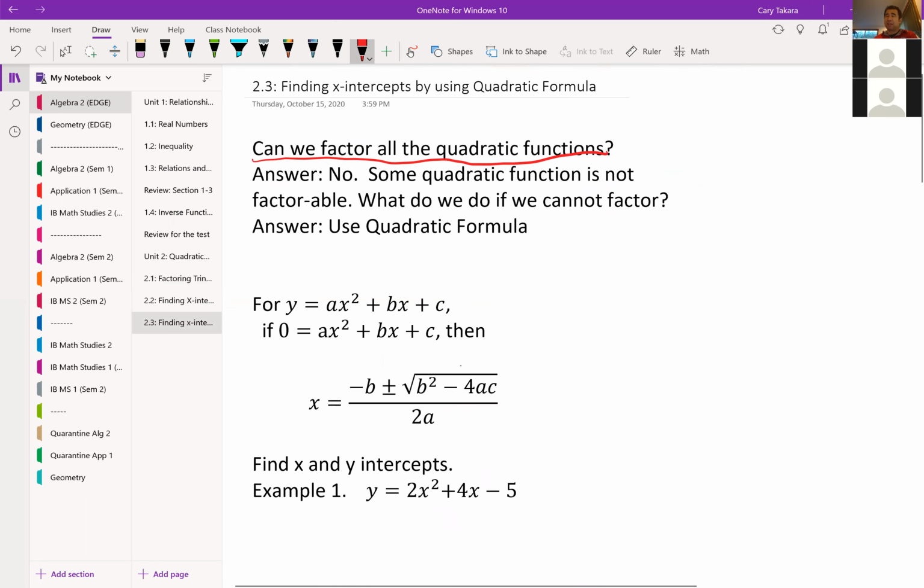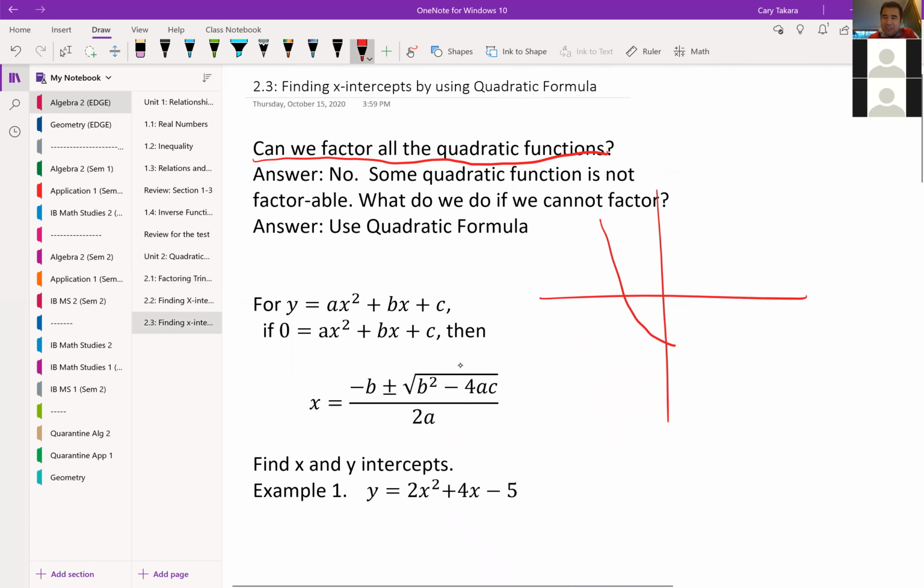Well, there is still a way, okay? Because think about this. This x-intercept is not gonna be always a nice number. It could be a fraction, and it could be a decimal. It could be a decimal that goes on and on forever.